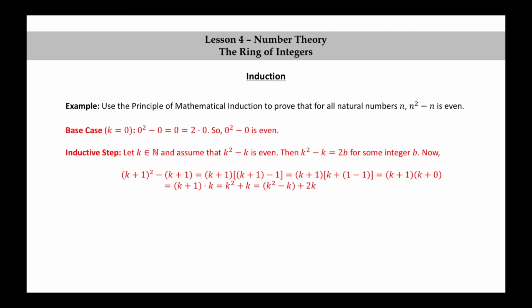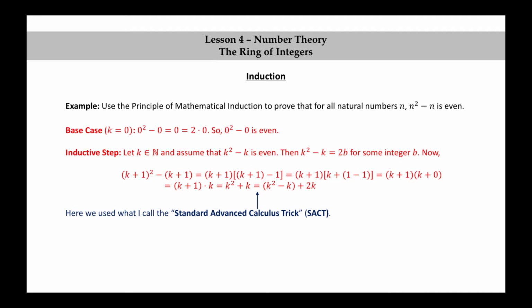Okay, and now I'm going to rewrite k squared plus k as k squared minus k plus 2k. What happened here? That's kind of weird, right? Where on earth did I get this expression from the previous one? Well, here I'm using what I call the standard advanced calculus trick, which I abbreviate as SACT.